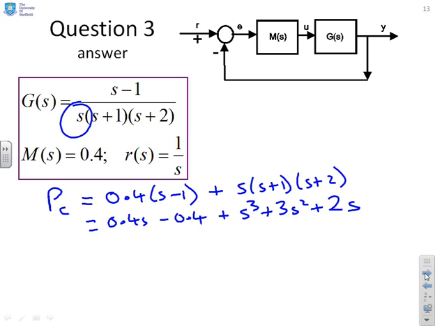And what jumps out at you? We have this negative coefficient, so there is a right half plane root, or at least one. And therefore it's not closed loop stable, so you cannot calculate the offset.